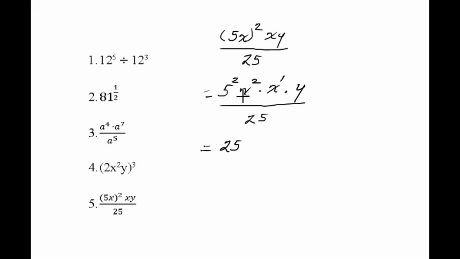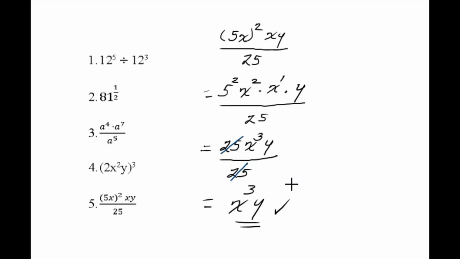So this is going to be x to the 2 plus 1, which then is x cubed y divided by 25. And right here, this is just a division, right? So I can cancel out these 25s. And in fact, then what I'm left with is just x cubed y. And that's my answer.